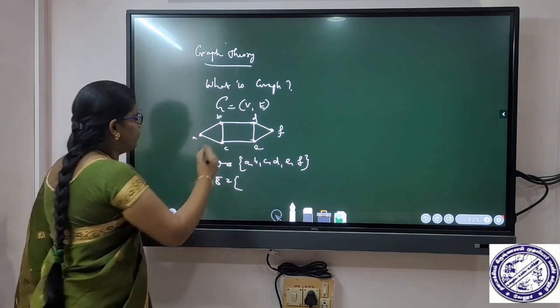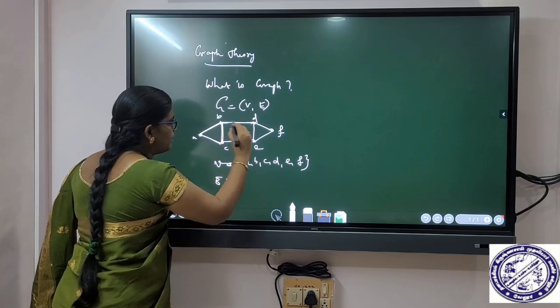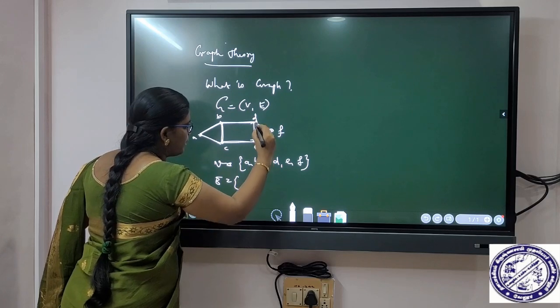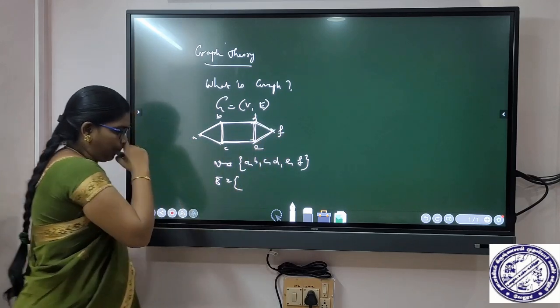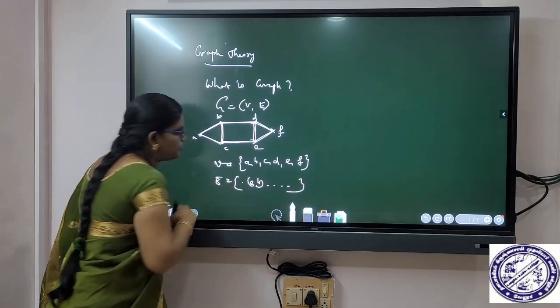So in this graph, we are having 8 edges: AB, AC, BC, BD, CE, DE, DF and EF. So we are having 8 edges.